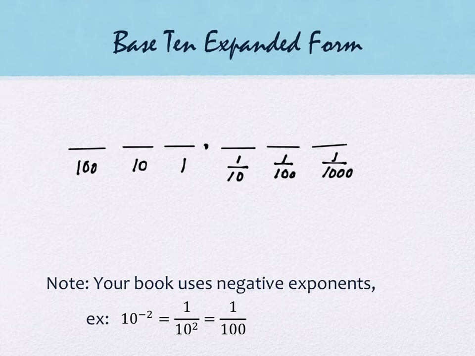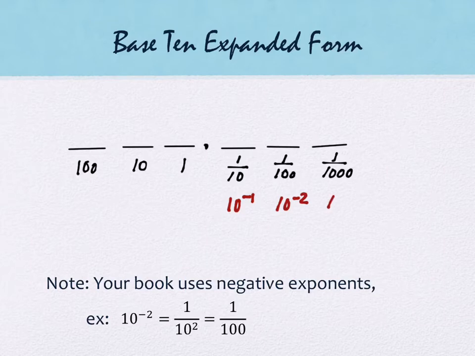Okay, this is called base 10 expanded form, all right? So when we're working with base 10 expanded form, I prefer that you use the fractions, because I think that when you see 1 over 10, you think tenths. But the reality is that your book chooses to do something different. Instead of writing it as 1 over 10, it writes it as 10 to the negative 1. And instead of writing it as 1 over 100, it writes it as 10 to the negative 2.